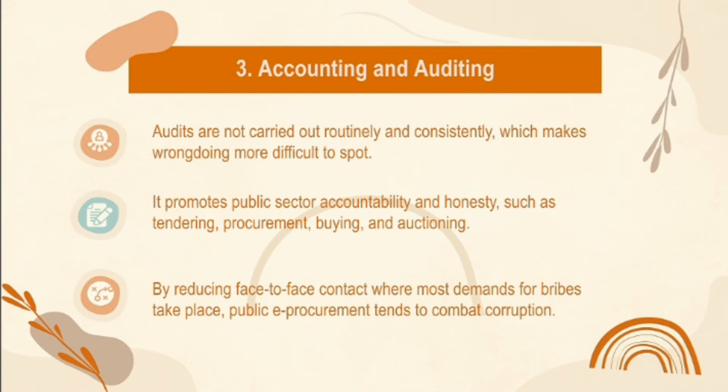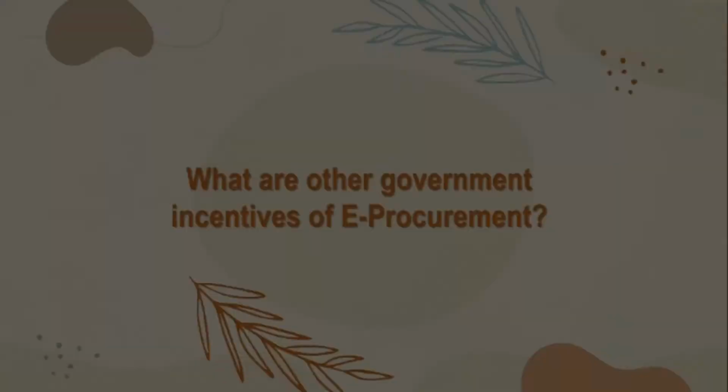So, the public e-procurement will play an important role in mitigating the possibility of corruption in the public procurement sector. It will promote public sector accountability and honesty, such as tendering, procurement, buying, and auctioning. E-procurement has been recognized globally as an effective mechanism for the prevention of corruption and the abuse of power.